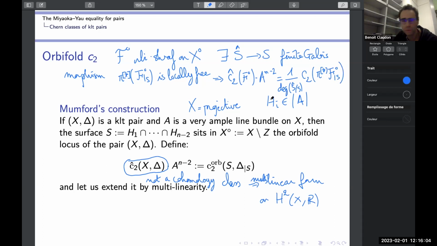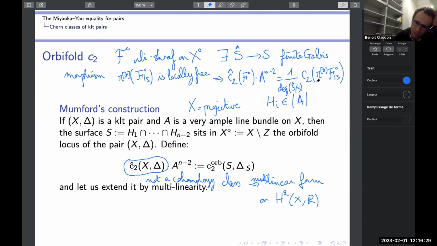So you just have to be aware that this S hat is in general singular, and very singular, because this Galois cover is obtained as a normalization in some function field. So it's very inexplicit, but at least it exists and it gives a number.